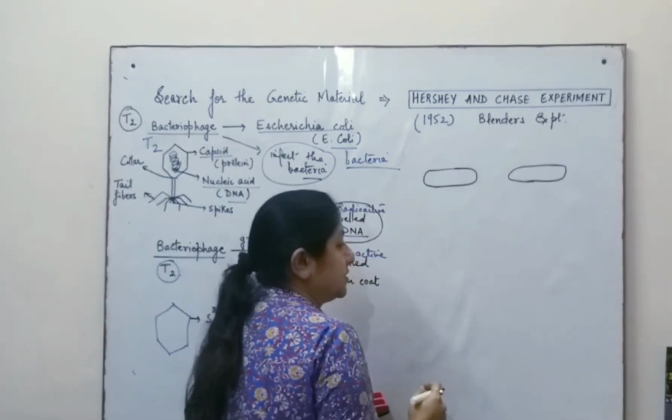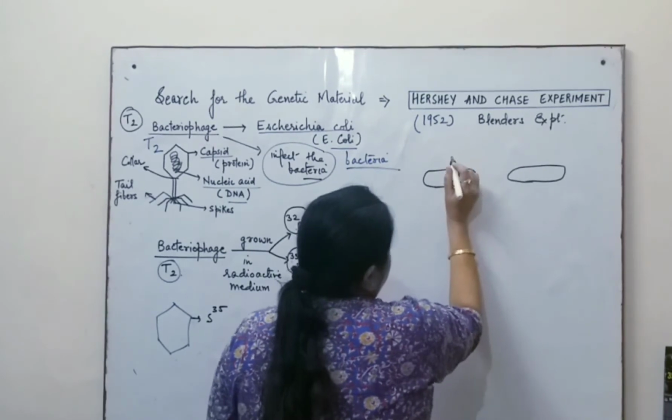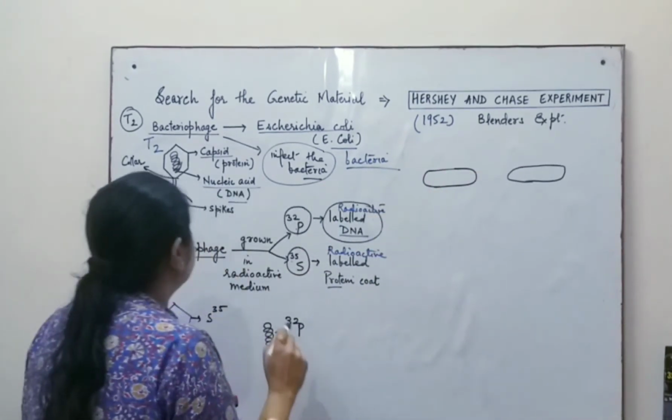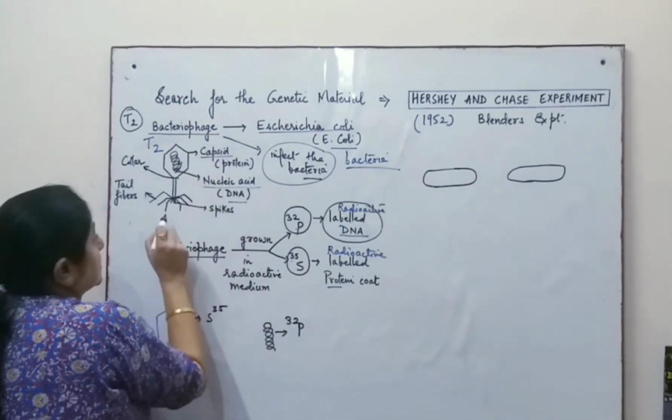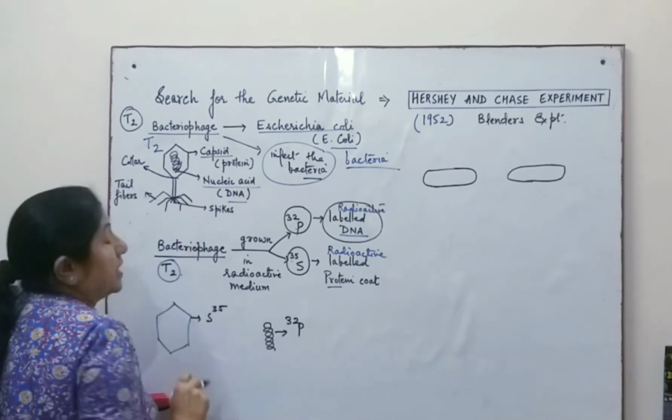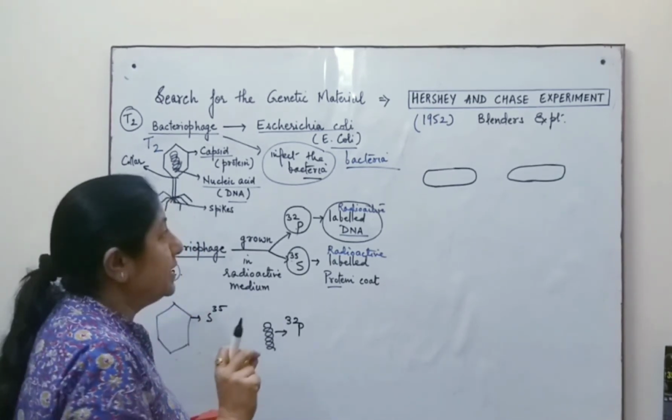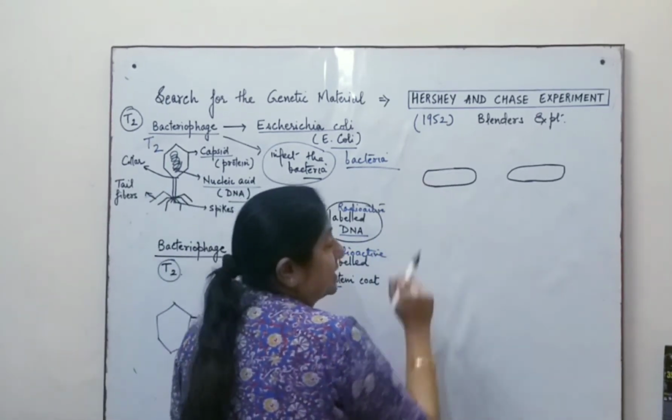Now, this is the bacterial cell. Also remember, when the bacteriophage attaches itself to the bacterial cell, it will transfer only the genetic material inside.